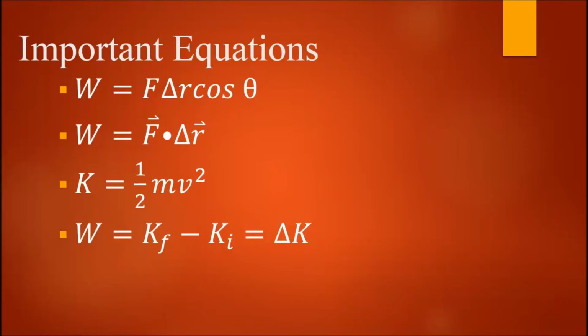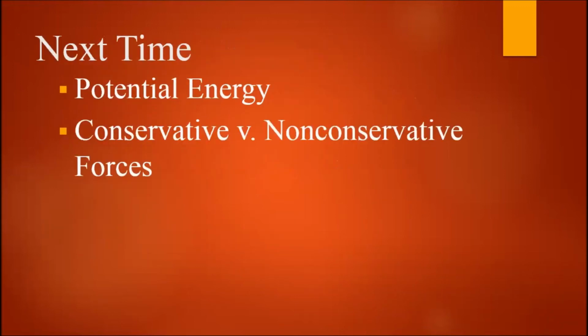The kinetic energy of an object or particle is 1/2 its mass times the square of its speed, and the work is equal to the change in kinetic energy. The first 3 of these equations are operational definitions, and the last is the Work-Kinetic energy theorem.